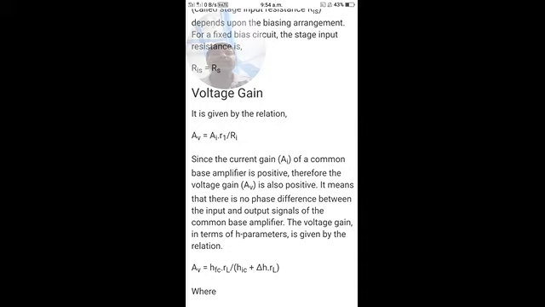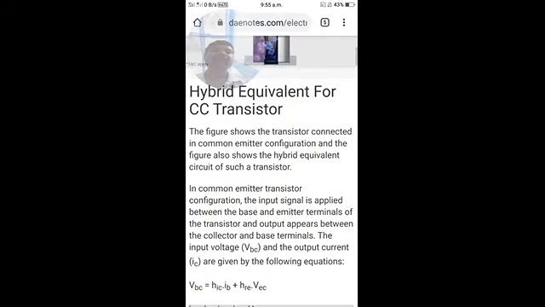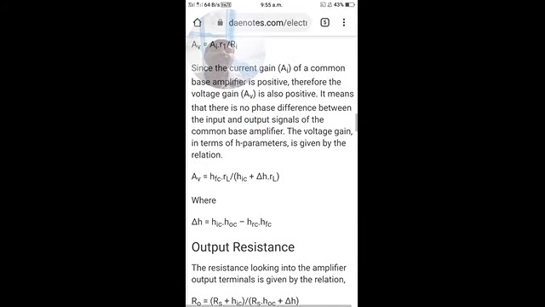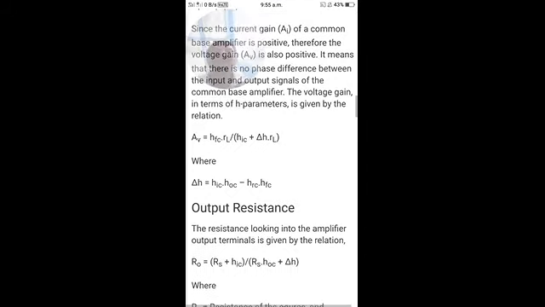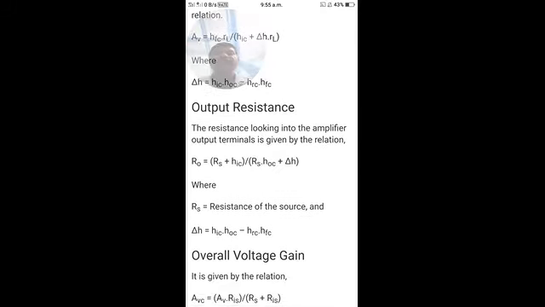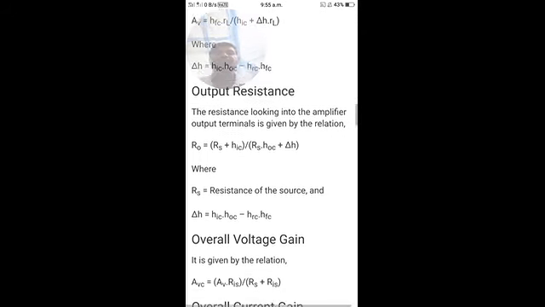So here the current gain of a common collector configuration is going to be a positive output voltage. Output resistance, the resistance looking at the amplifier output terminals, R0 is RS plus HIC divided by RS plus HOC into delta H. RS is the resistance of the source, and delta H is HIC HOC minus HRC HFC.